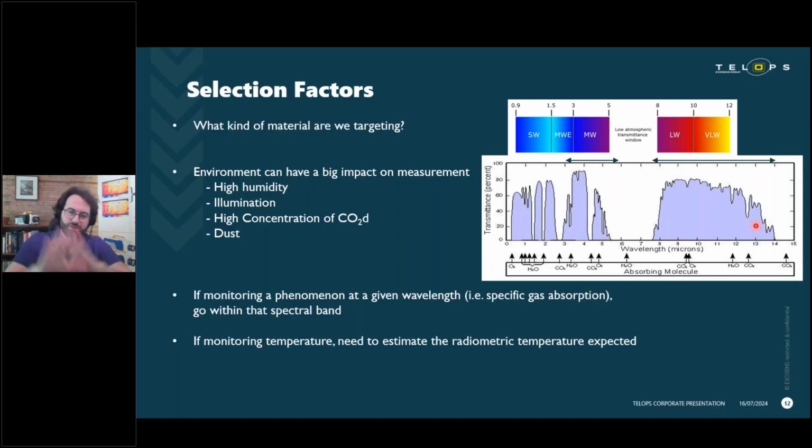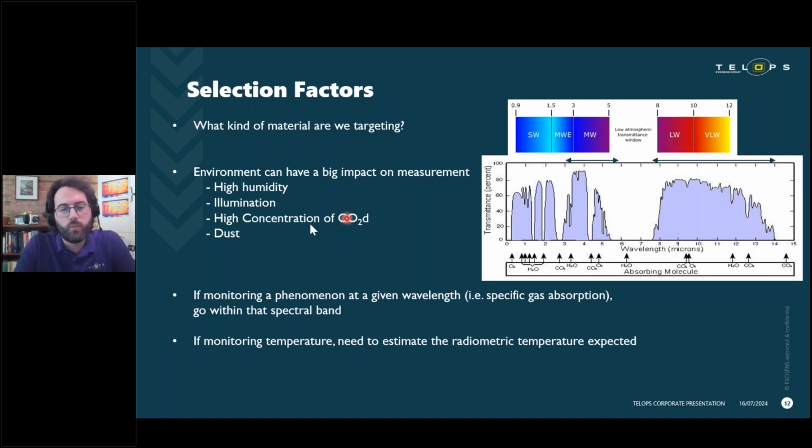Okay, so that was just a brief overview of radiometry. I don't want to go over too many details, just to understand a little bit why it's not super straightforward to select your spectral band.